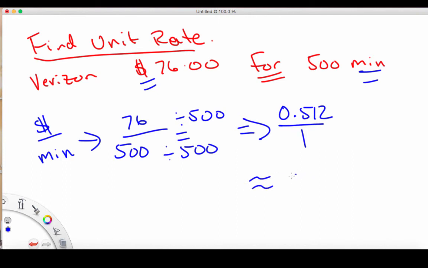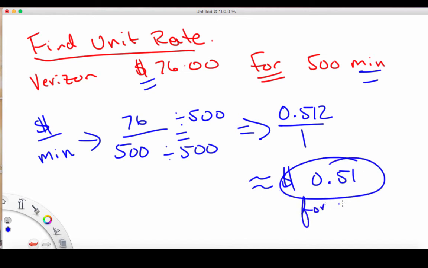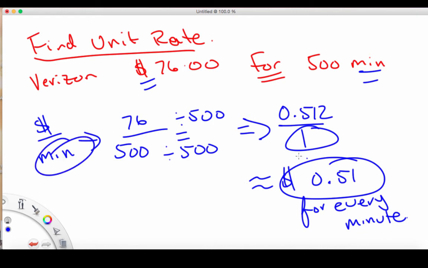Round it out in cents, so we should get 0.51. That's my answer. So 51 cents for every minute. Look, the denominator 1 represents minutes.